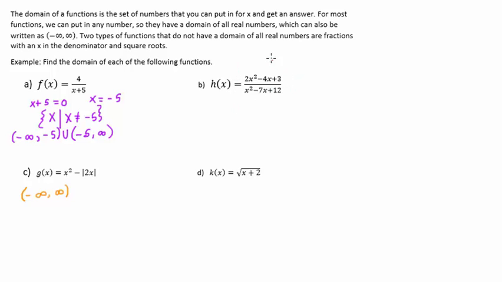Part B, the top does not matter for domain, only the bottom matters. We set the bottom equal to 0 to figure out where the bottom of this fraction gives me a 0. We actually have to factor this to figure that out. Remember that if I factor this, I'm looking for numbers that multiply to get 12 and add to get negative 7.